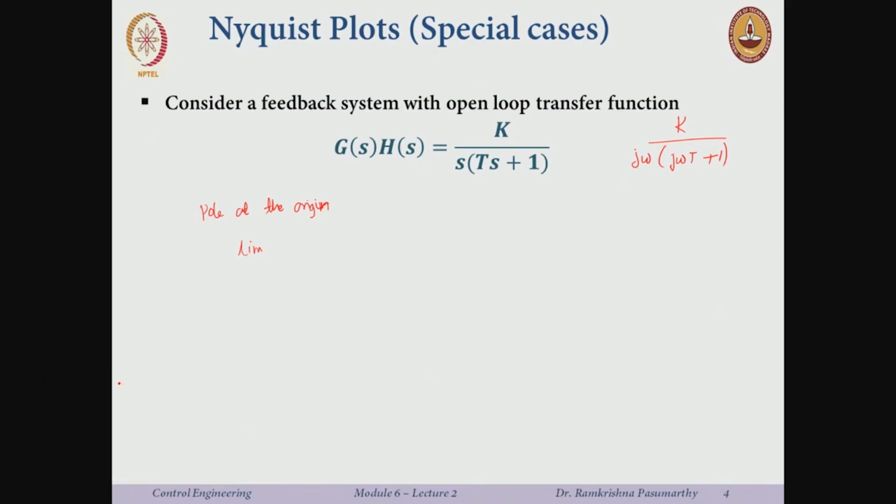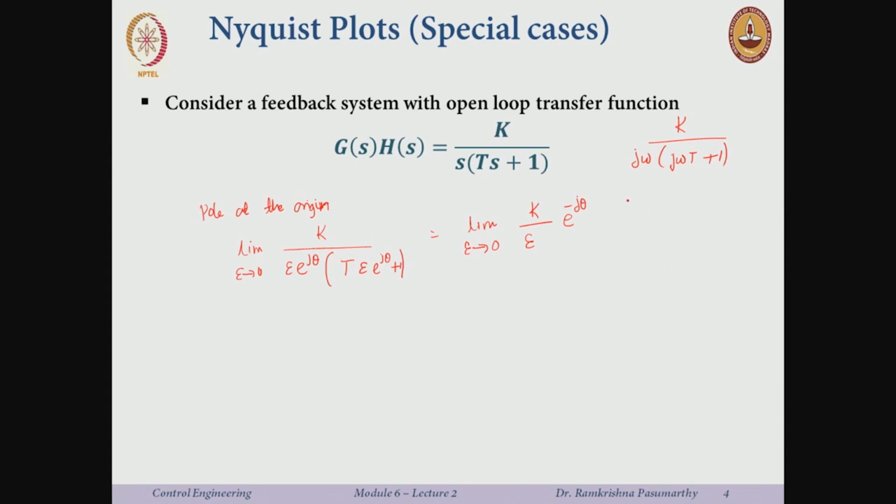Taking the limit epsilon going to 0, S is epsilon e power j theta, so I will have k over epsilon e power j theta times epsilon e power j theta plus 1. This becomes, in the limit epsilon going to 0, k over epsilon times e power minus j theta.